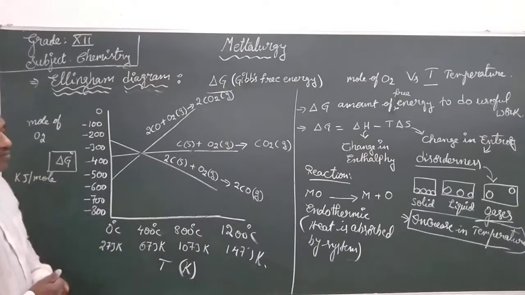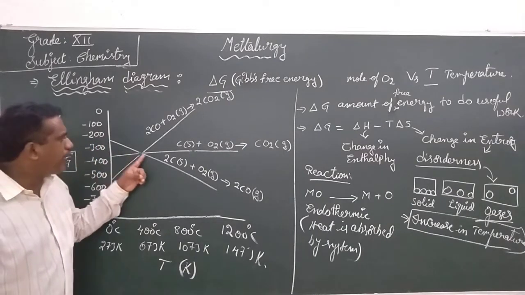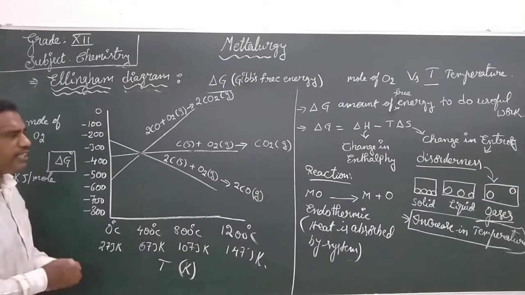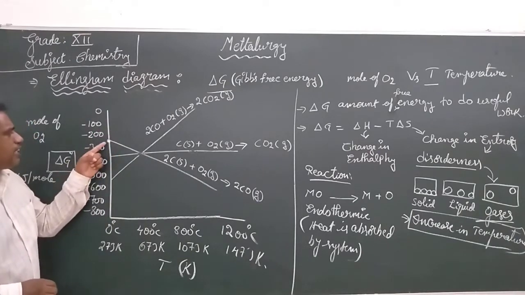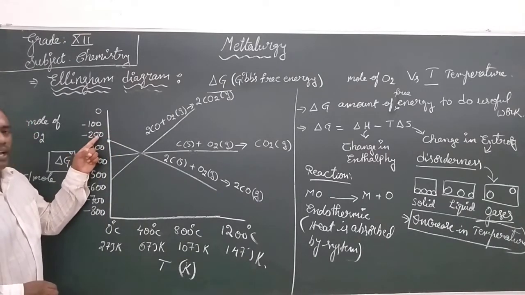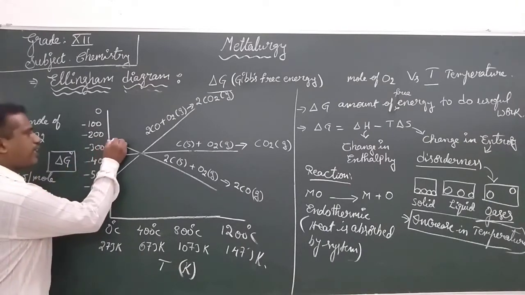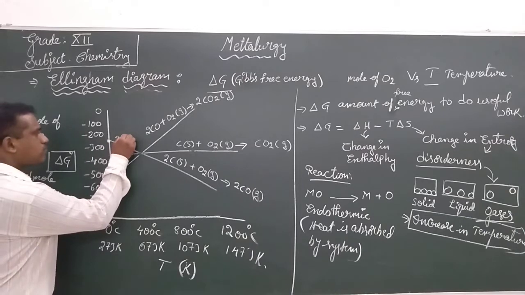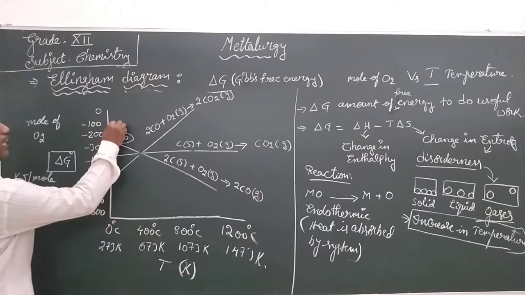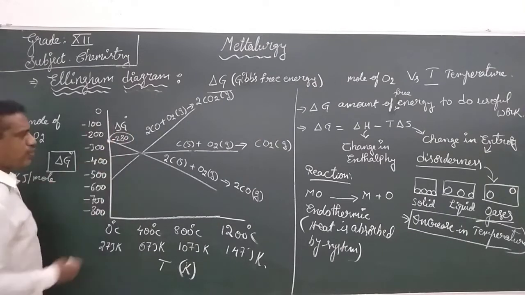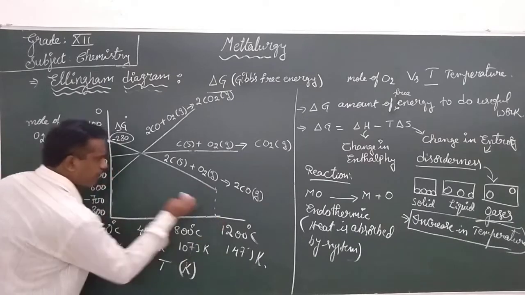Before we go on, please note the point: whenever the line is going down, in the initial stage, where is the line? It is at around minus 280 approximately, delta G, that is Gibbs free energy. At the end of the line, compare its point.